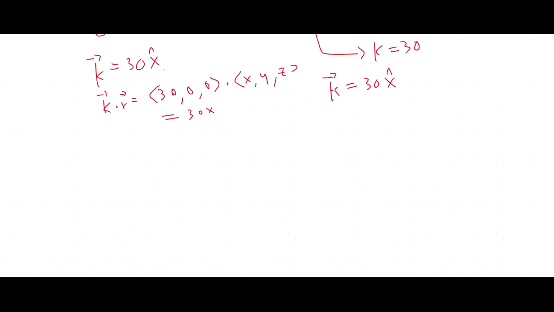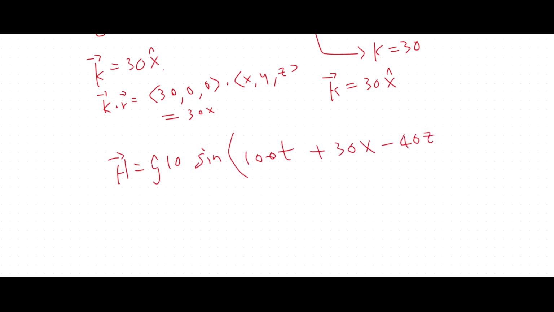Having said that, if I see something like this, what is my K vector? Remember to change the sign: positive becomes negative, negative becomes positive, and put a hat on all the x, y, z.